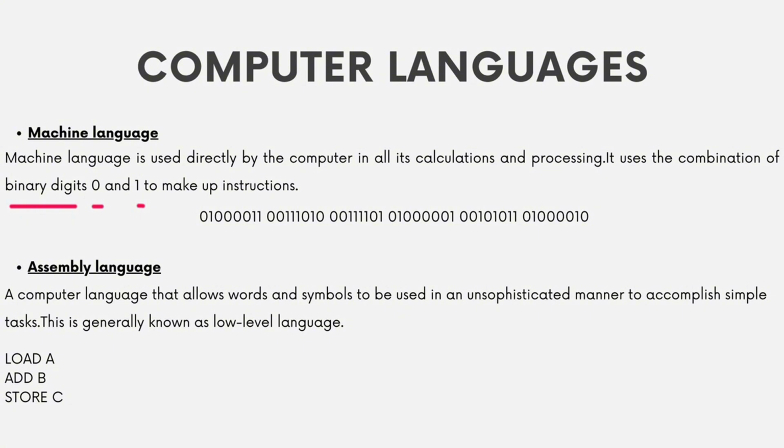Assembly language is a computer language that allows words and symbols to be used in a simple manner to accomplish simple tasks. This is generally known as a low-level language. We have very short commands like load, store, or add.